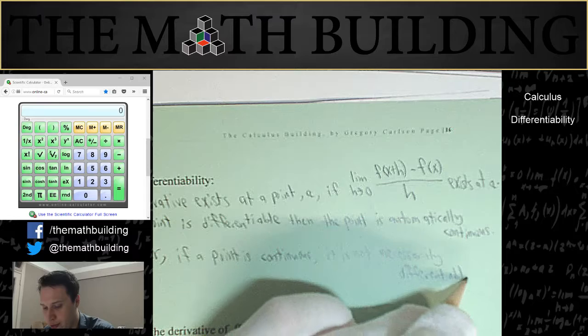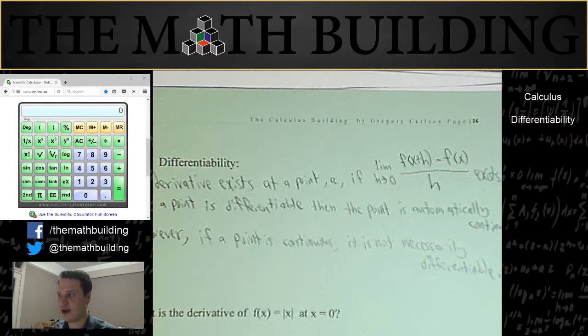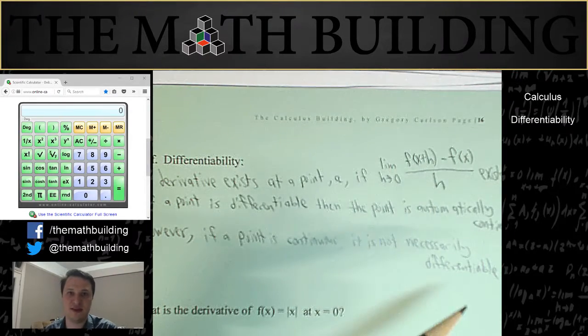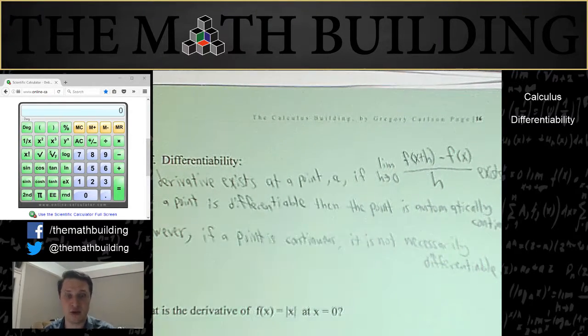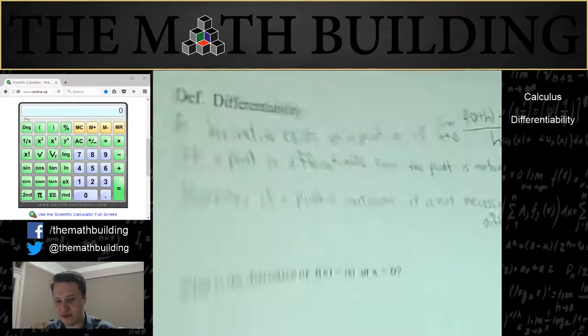So that's really important. If something is differentiable, that's kind of like the gold standard. If it's differentiable, you know it's automatically continuous. However, just because you're continuous doesn't mean you necessarily have a derivative there. You need this limit to exist in addition to being continuous in order to have a derivative. And so let's look at an example of when that happens.